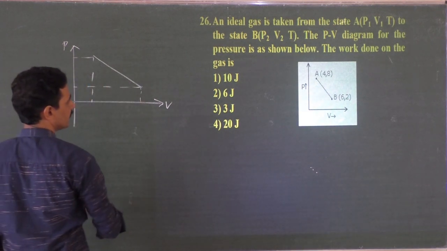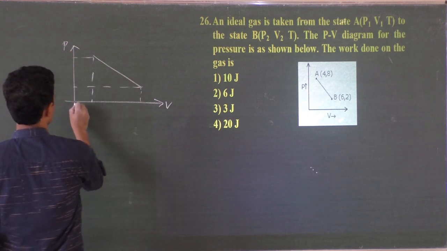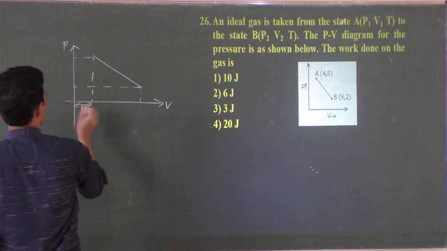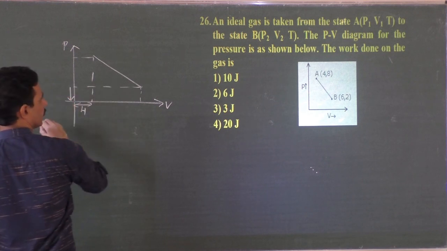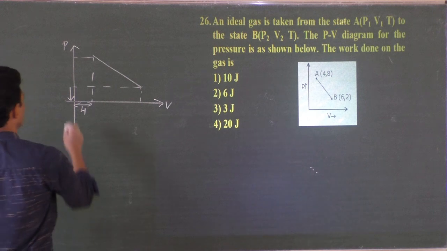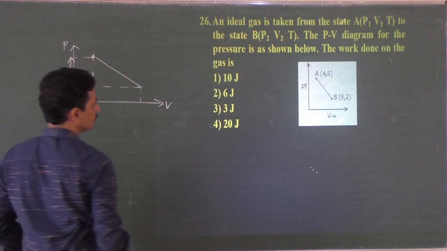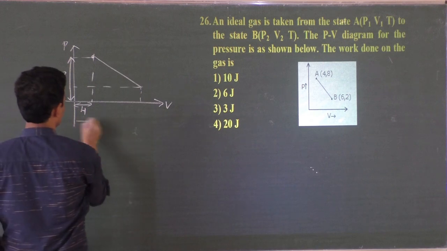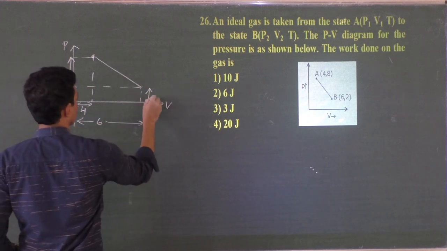Pressure is 4, volume is 4, 8. This is 4, and 8 is this one. This point is 8. This is 6, and this is 2.